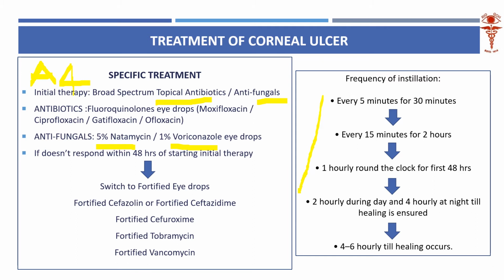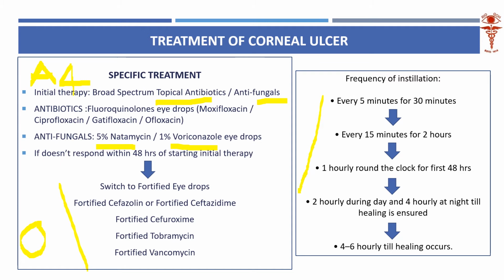corneal ulcer treatment. So within 48 hours of starting initial therapy, if the response is not there, the treatment will be switched to fortified antibiotics. Fortified antibiotics: usually the ophthalmic preparation of a drug has a minimal concentration of the drug. The parenteral preparation of the same drug, the injection form, has a higher concentration.